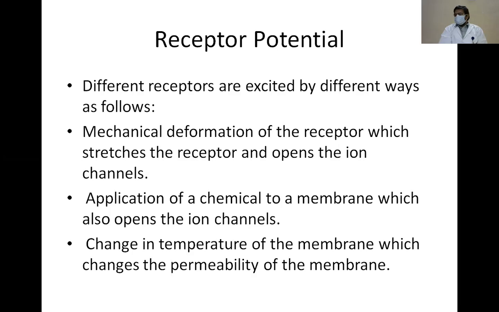With the mechanical receptor, the deformation or stretching of the receptor opens the ion channels. With the chemical receptor, the application of the chemical to the membrane opens the ion channels. Whenever there is a change in temperature, it changes the permeability of the membrane.